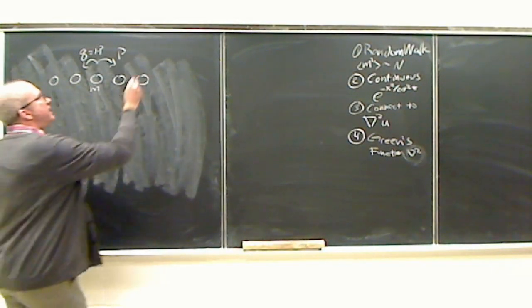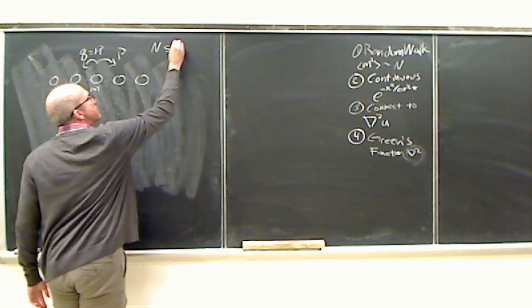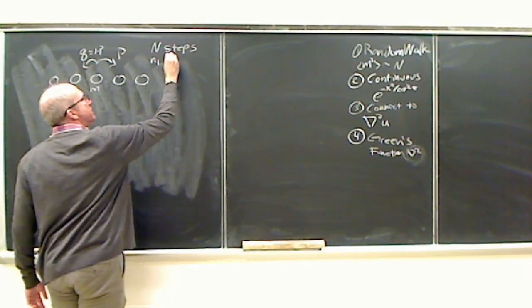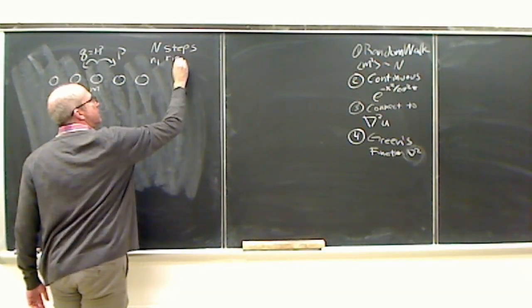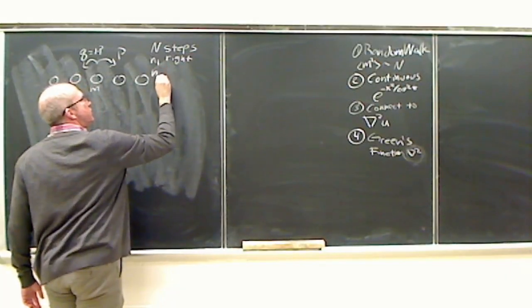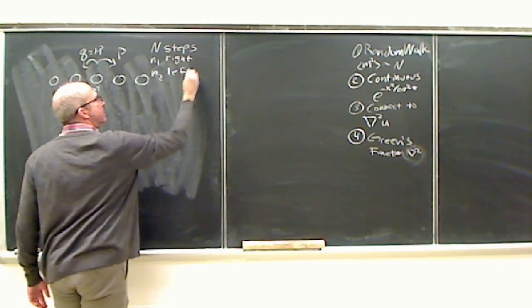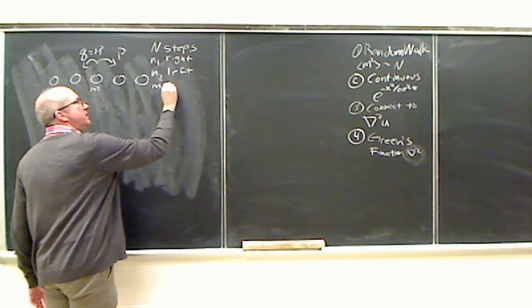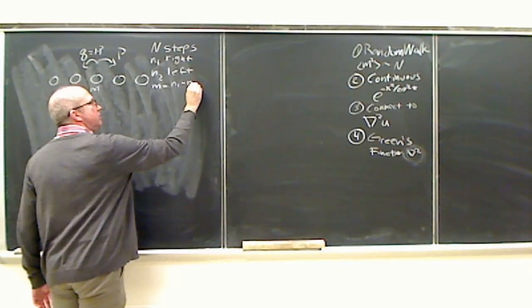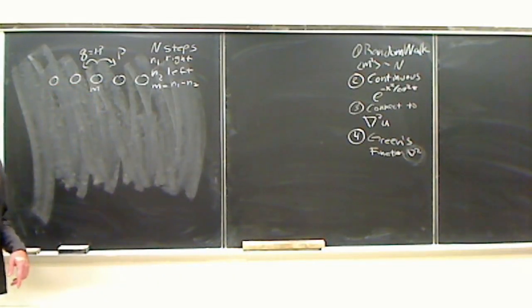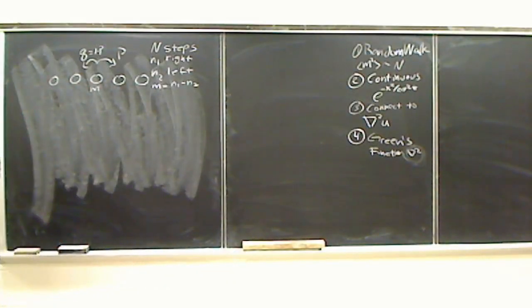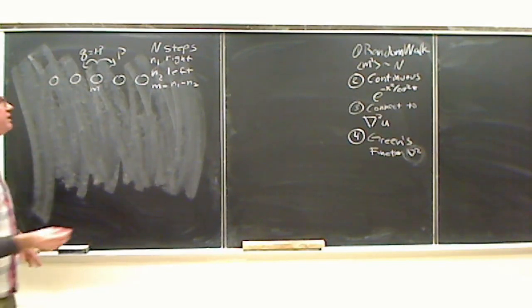Okay, so I'm going to take N steps. N1 will be to the right. N2 will be to the left. So my position M is going to be N1 minus N2, that's how much right I go minus how much left I go. If I assume I start off at 0, I move to the left, move to the right, I'm at some place.